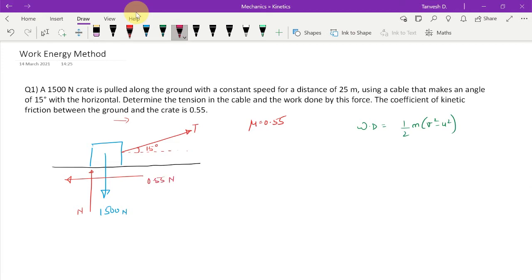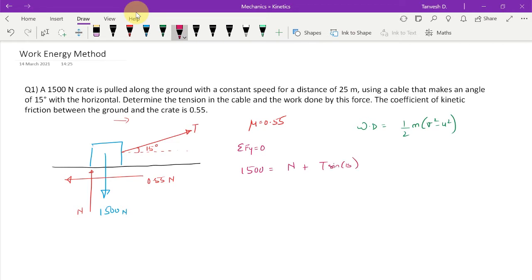If I do summation Fy equals to 0, what I'll get is 1500 is equal to N plus the sine component of this T, which is T sine 15.